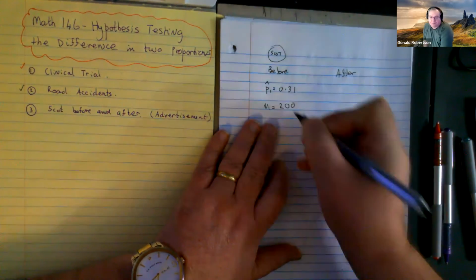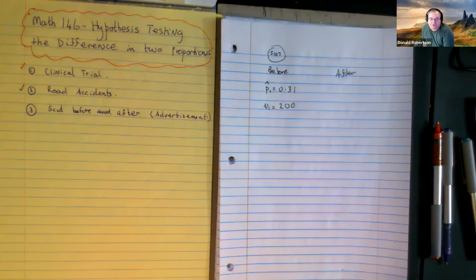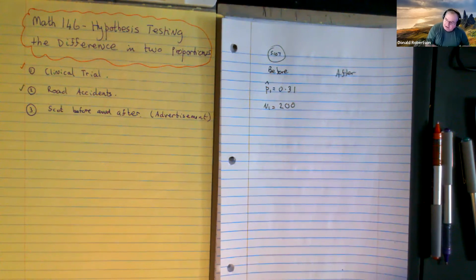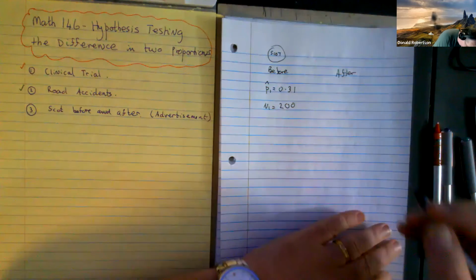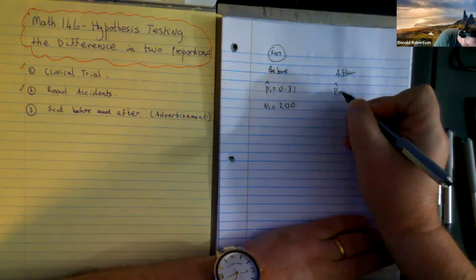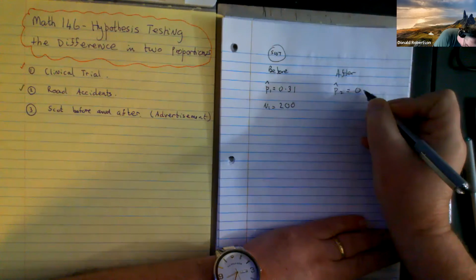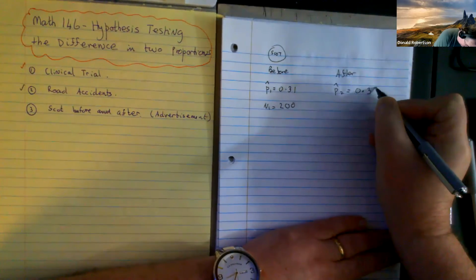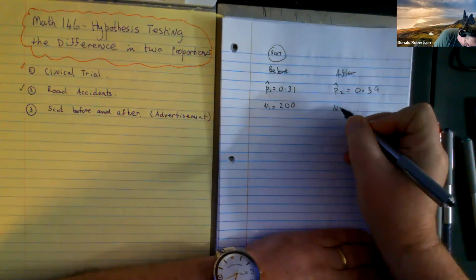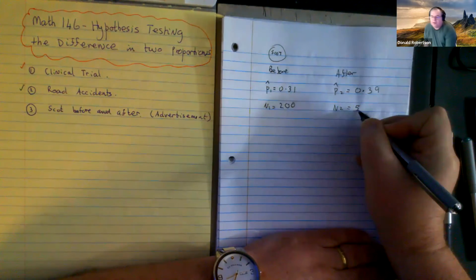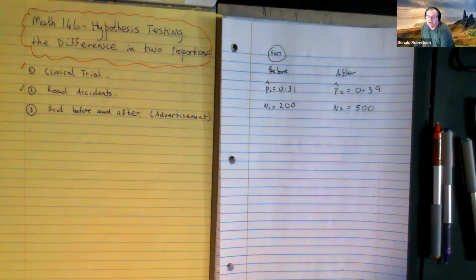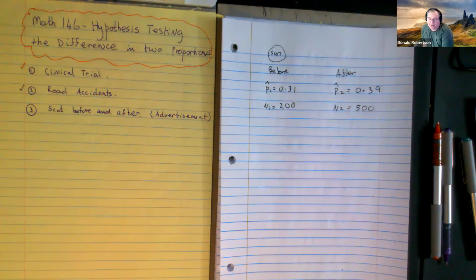So they randomly picked 200 people, and 31% said, yeah, I buy that whiskey about once a month or so. Then they did a big 2-month publicity campaign. After the campaign, they got 39% of people saying that they had bought that brand of whiskey.